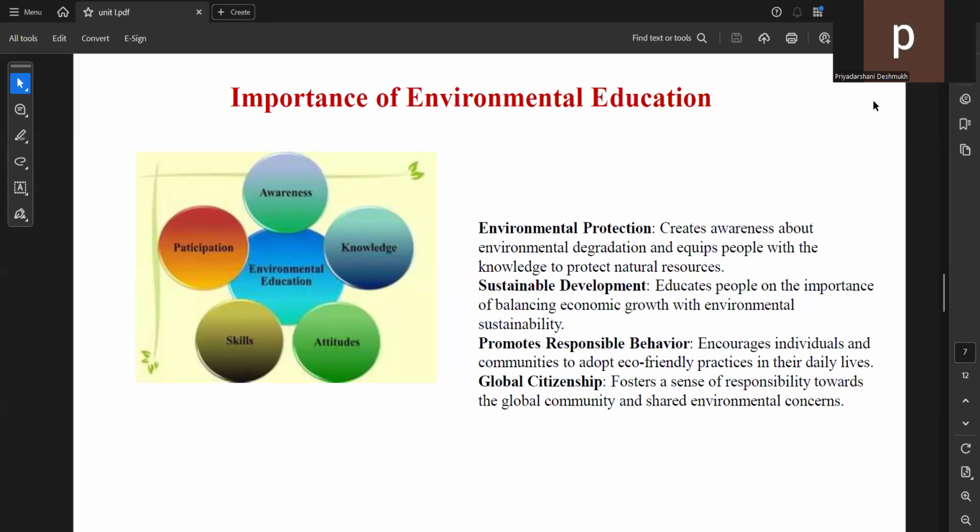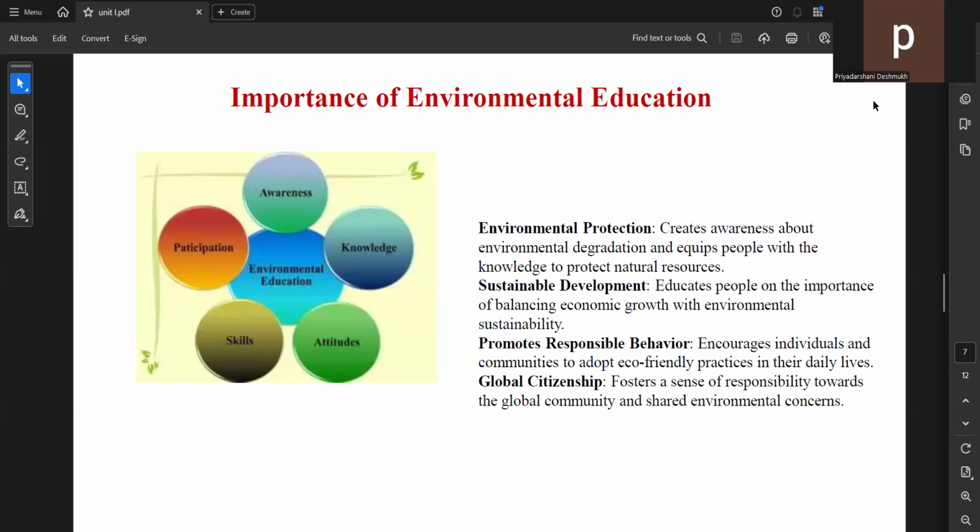So here are some points that include the importance of environmental education: environmental protection, sustainable development, promotes responsible behavior, and global citizenship. These are the main four criteria for the importance of environmental education. There are also participation, awareness, knowledge, attitude, and skills.